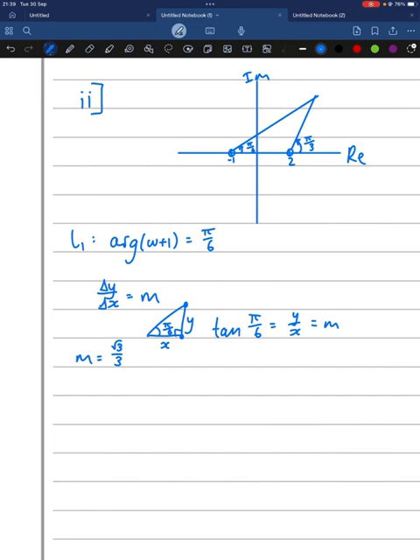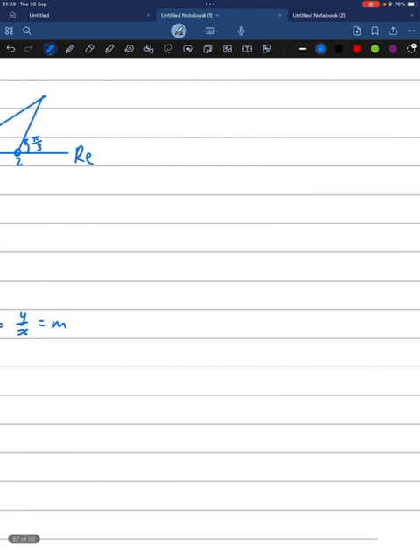Now, using our formula y minus y1 equals m(x minus x1), we know that it passes through the point -1, 0, so y minus 0 is equal to √3/3 times x minus -1, which is x plus 1. So this is the equation of the first line. Now the second line, L2, is the argument of w minus 2 equal to pi by 3.